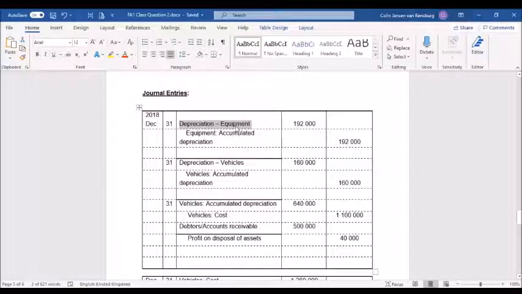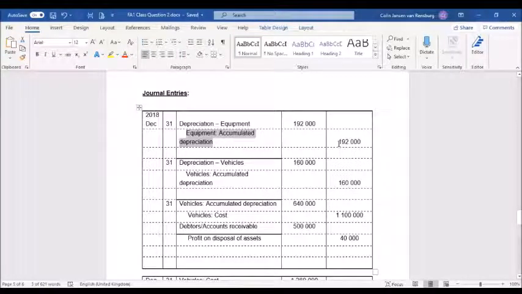So there we had a charge, a depreciation expense for the year of 192,000. And then most importantly, we see the account that we have credited there was equipment, accumulated depreciation. So clearly that, because we've credited that account, that will increase the accumulated depreciation from the beginning of the year.